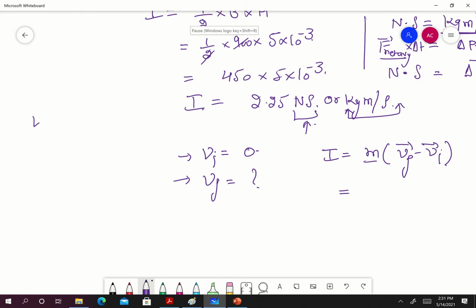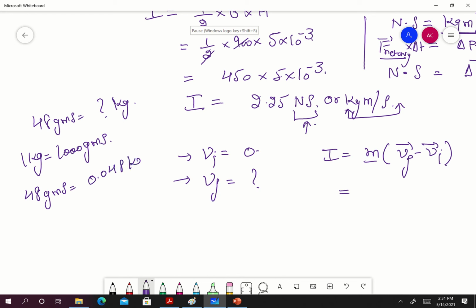So 48 grams means how many kgs? That's what I wanted to find out. So 1 kg is equal to 1000 grams. So 48 grams will be equal to 0.048 kgs.